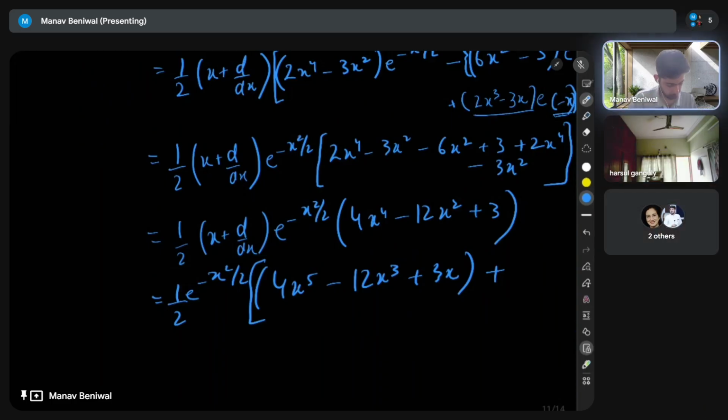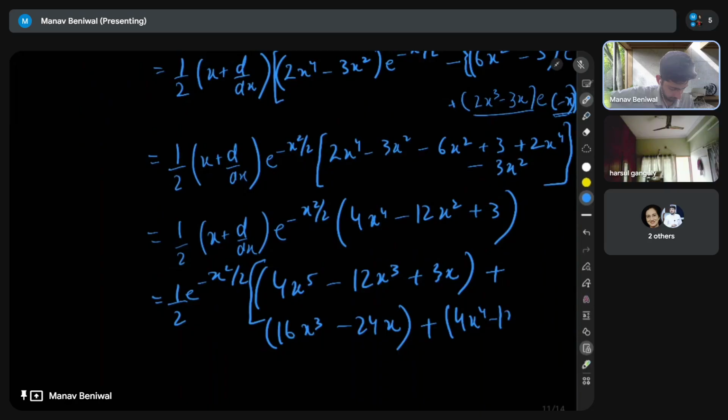So let's differentiate this thing. That will give us 16x cube minus 24x, and this is just 0. And then we will have one more term where this all will remain the same, and only upon differentiating we will get a minus x multiplied with this, right? So minus x.